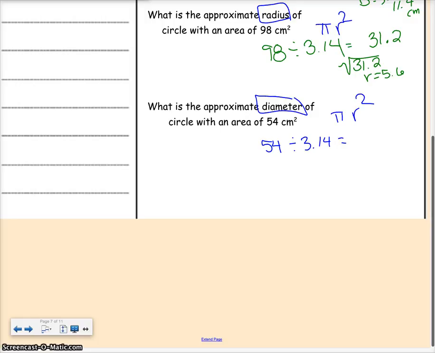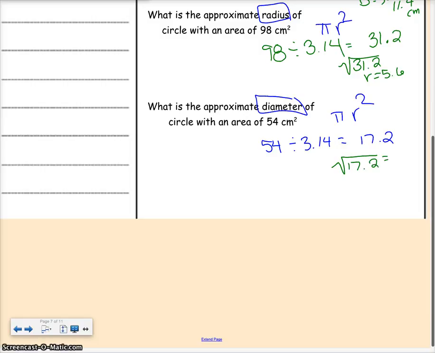That gives me 17.2 rounded. Keeping on with the tenth, since that's what I tend to do. So I did the backwards thing of timesing by pi. Now I have to do the backwards of squaring. So I need to take the square root of 17.2.